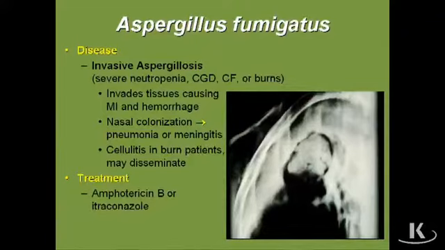So it can invade and cause myocardial infarction. It can invade the nasal mucosa, can cause pneumonia, meningitis, etc., and is very, very nasty and very, very difficult to treat. All right? So that brings us to treatment, in which, again, the drug of choice is amphotericin B or itraconazole for Aspergillus.